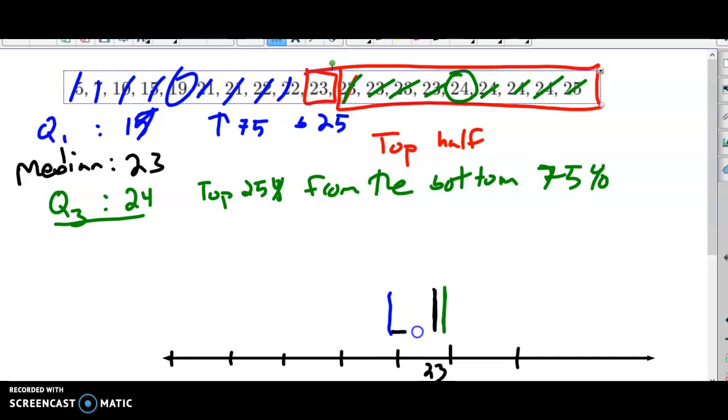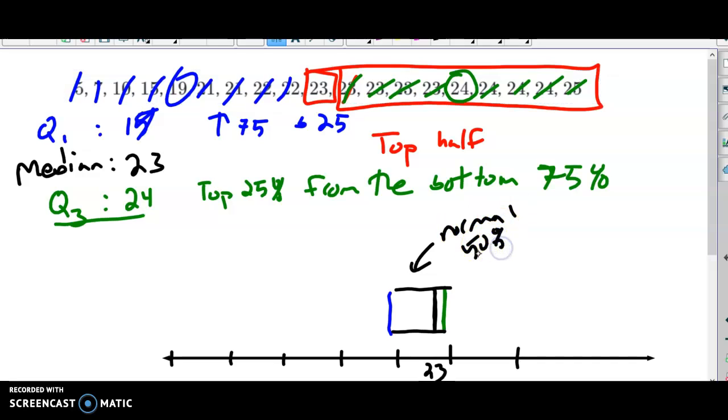Now, that is going to be my middle box. This is what I call my normal, my 50% normal. This is the middle 50%. So when we looked at this, quartile 1 is breaking up the bottom 25, and quartile 3 is cutting off the top 25.